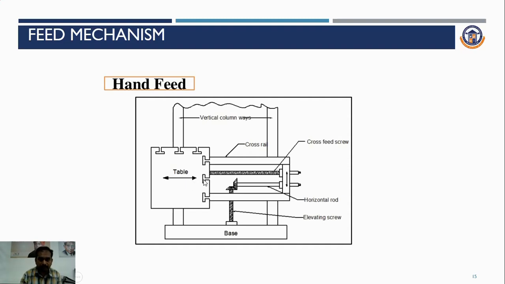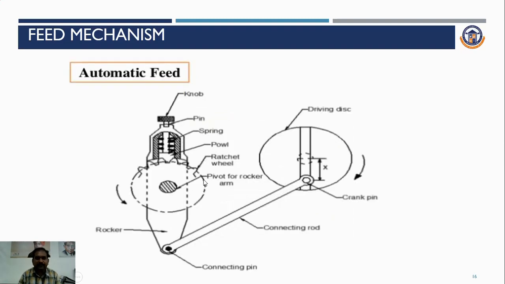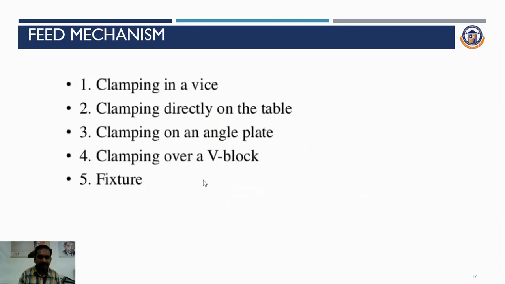Then the automatic feed mechanism: pin, spring, ratchet wheel mechanism, and pin and pawl or rocker mechanism. Operations like thread cutting and grooving will be done through the automatic feed mechanism.